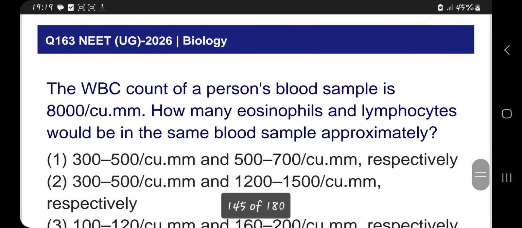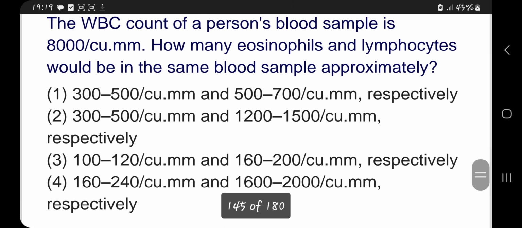The WBC count of a person's blood sample is 8,000 per cubic millimeter. How many eosinophils and lymphocytes would be in the same blood sample approximately? So we have to use the percentages that they have given to calculate it. Eosinophils are a very small percentage.